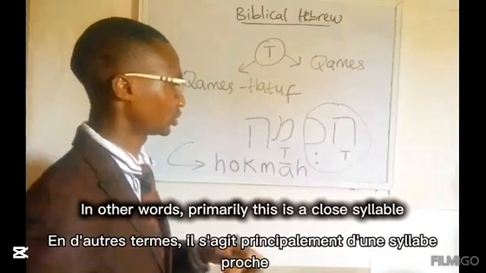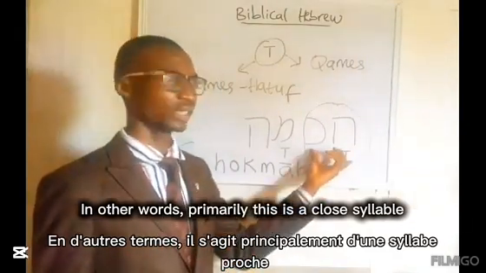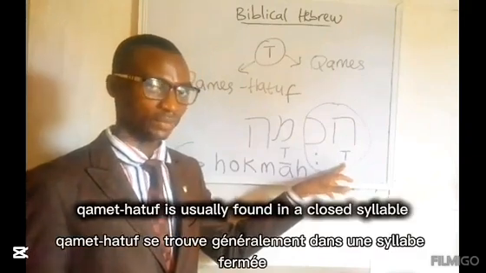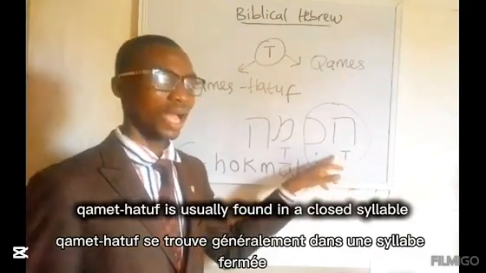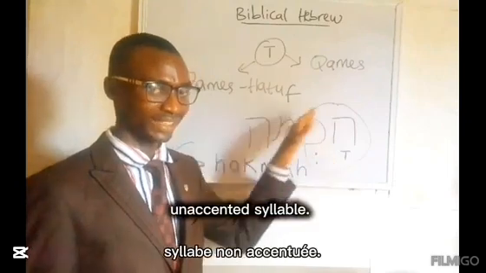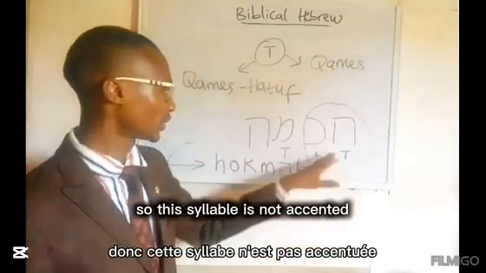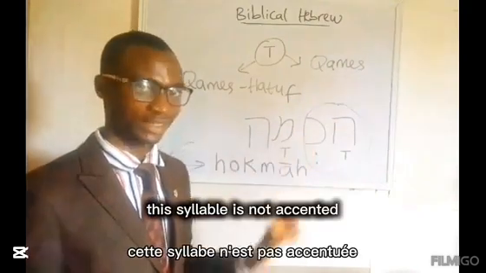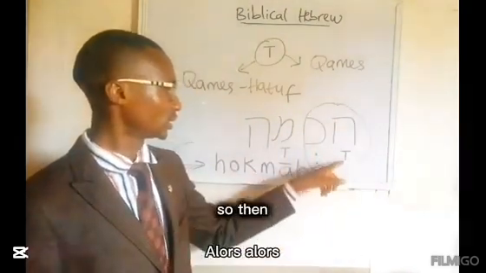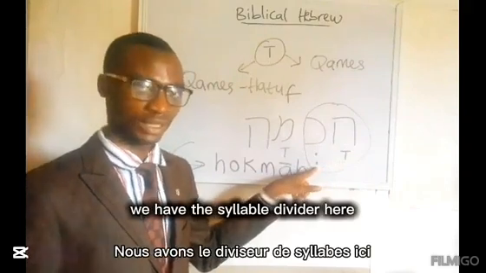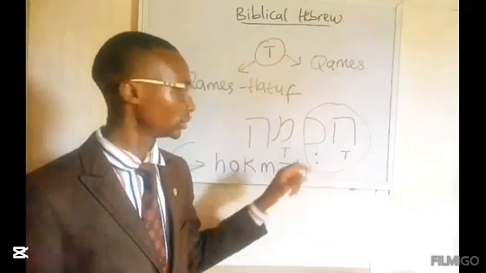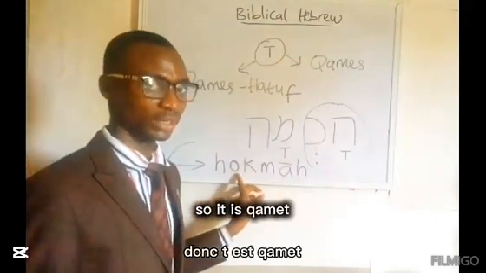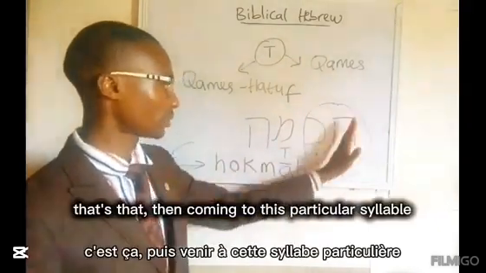So in other words, primarily this syllable is a closed syllable. As I said, Qamet-hatuf is usually formed in a closed, unaccented syllable. This syllable is not accented. So when we have the syllable divider here, this is a short vowel. That's Qamet-hatuf.